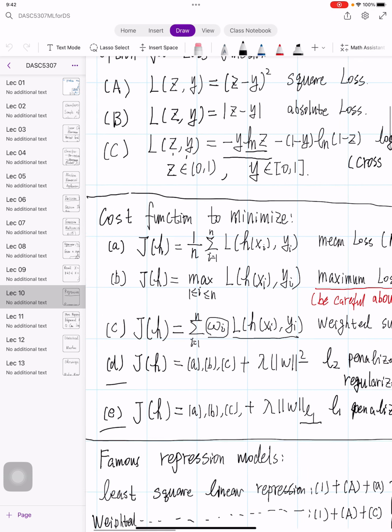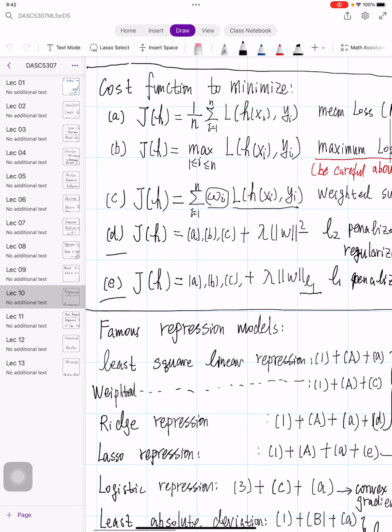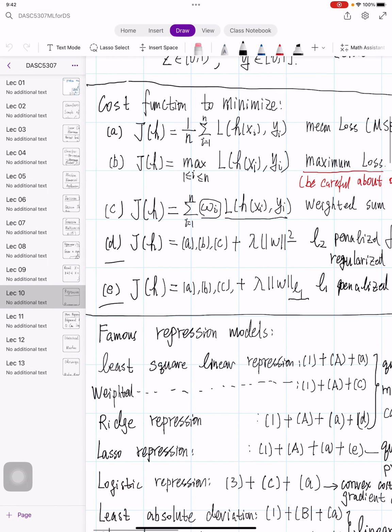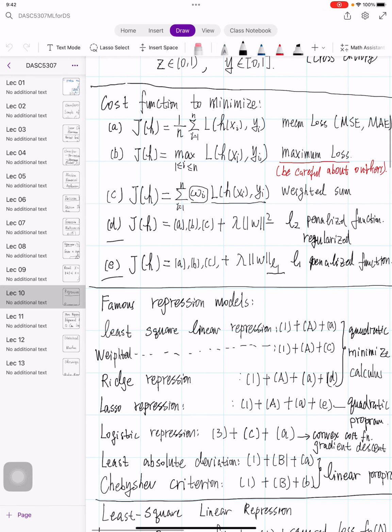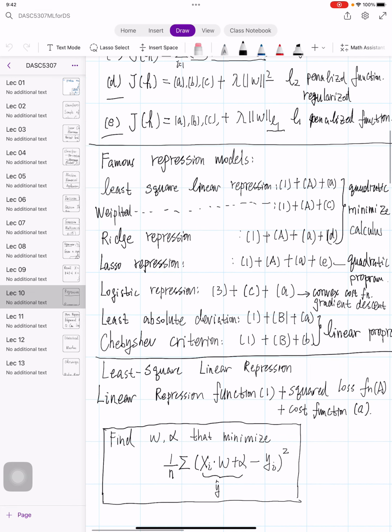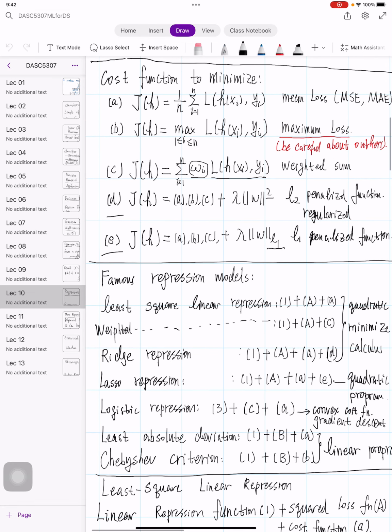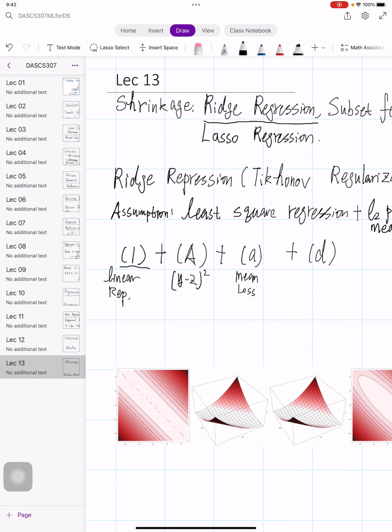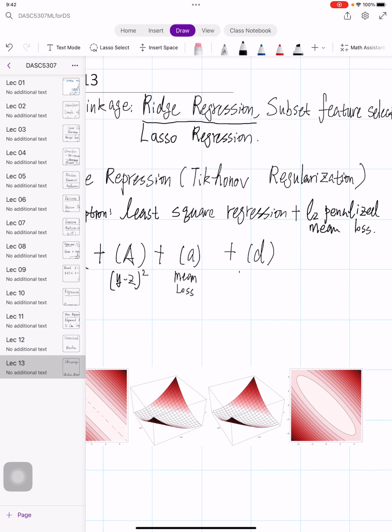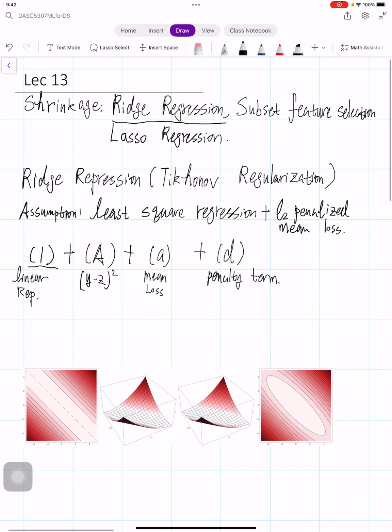And the optimization cost to minimize is the cost function, but we also have a penalty term, so plus a penalty term. Okay, so I will give you more details next.